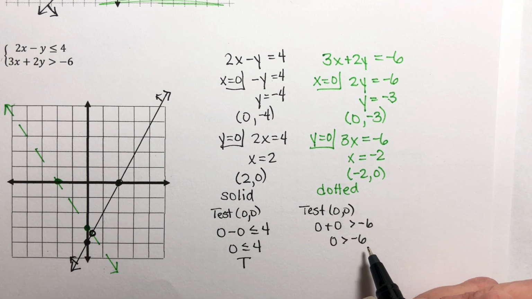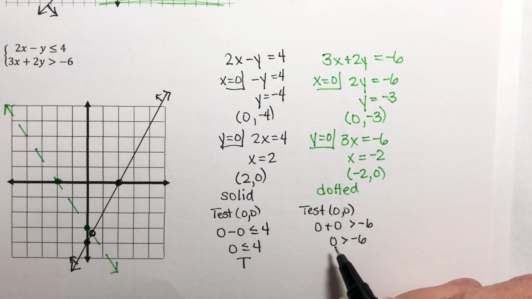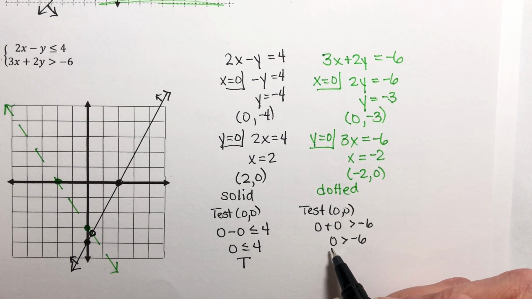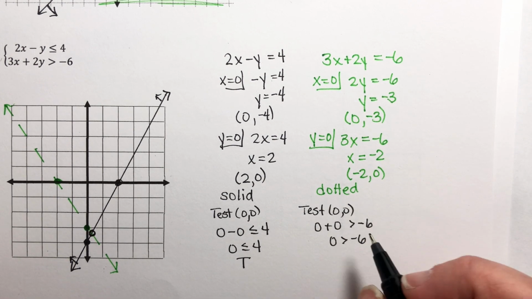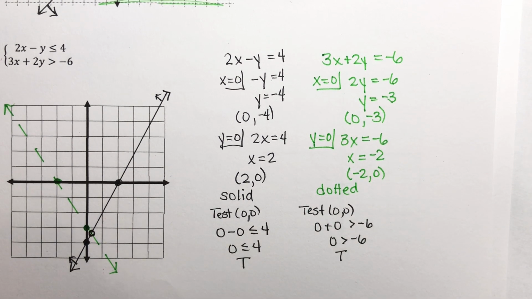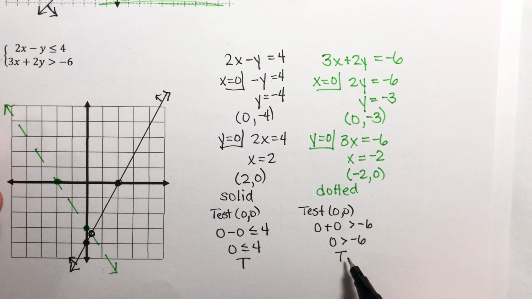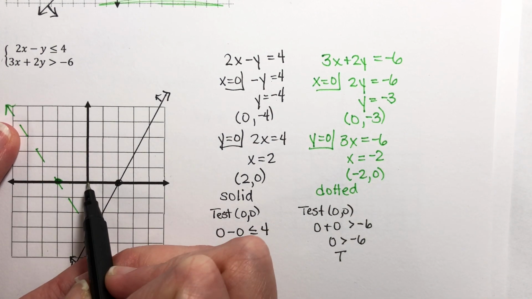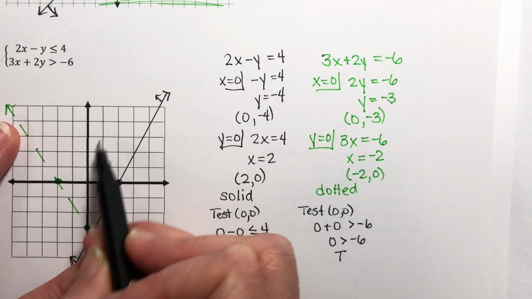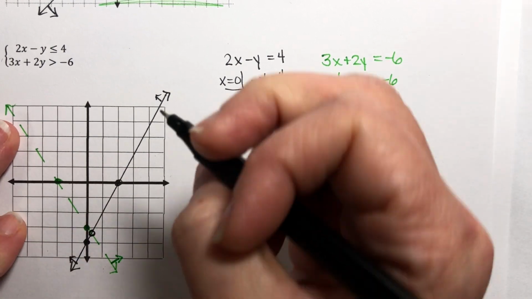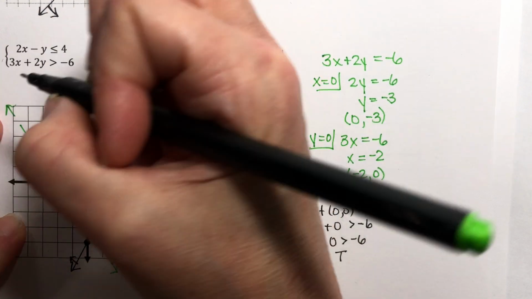But if you slow yourself down a little bit and really think about these, it's not that difficult. It's just very easy to make a stupid mistake here. 0 is bigger than any negative number, so this is true. Okay, so on the dotted line, what we tested was true, so this whole side of this is true. So I'd shade this side and this side.